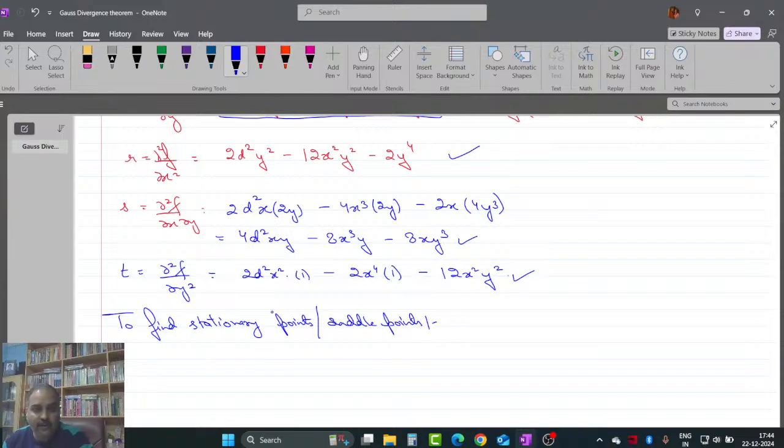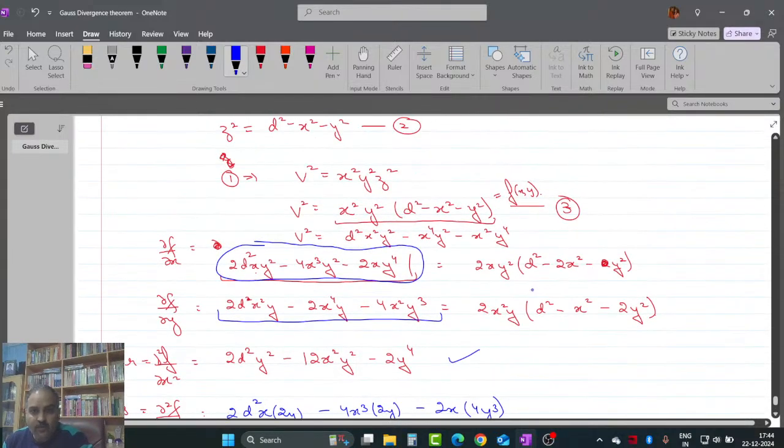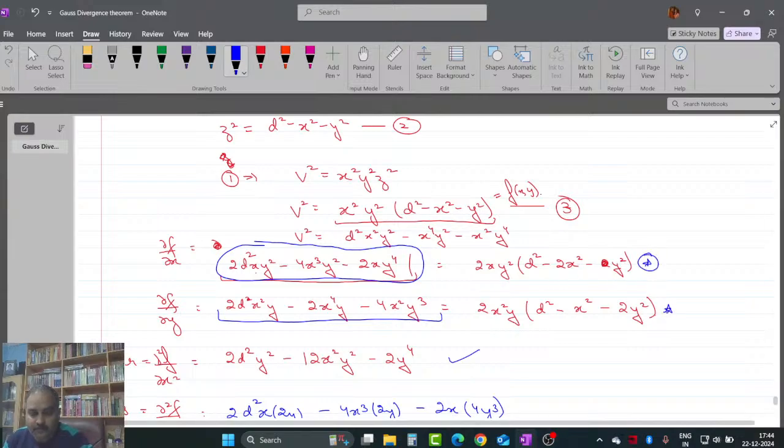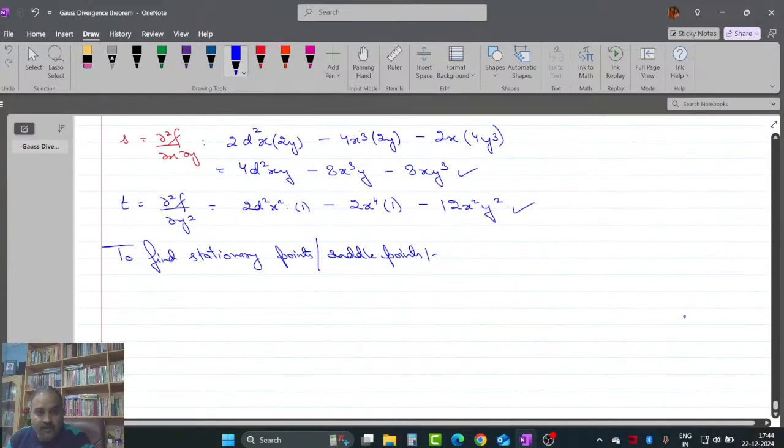So I need to equate these two equations, this one and this one. Okay, so ∂f/∂x = 0 and ∂f/∂y = 0.